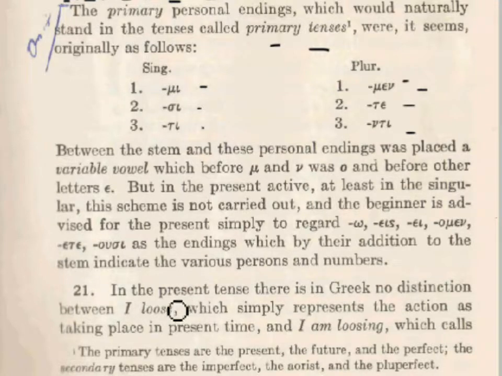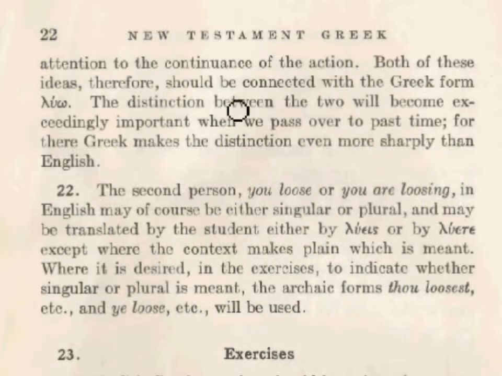He notes here at paragraph 21 what I was mentioning earlier, that there's no distinction between I loose and I am loosing. The first of those is sometimes called punctiliar, meaning it takes place in a point in time. The other is sometimes called linear, meaning it takes place over a continuing conception of time.